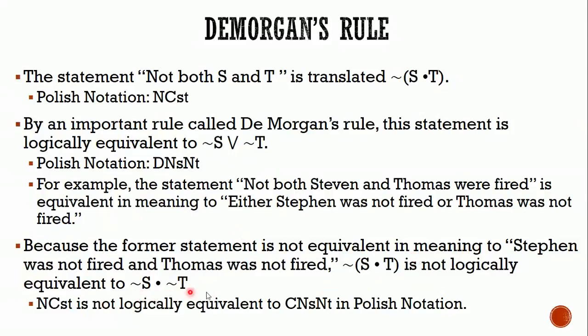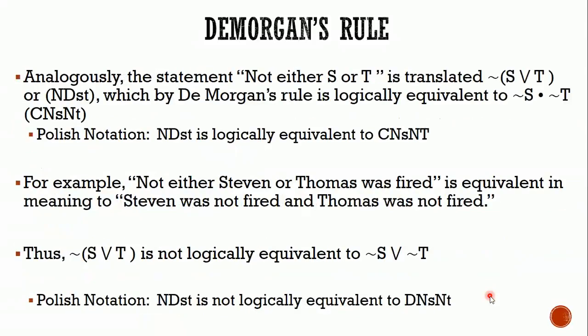Does that make sense? Not both. In Polish notation, you can read this down here. All right, I'm losing steam. Let's keep going. We've got a few more things here. De Morgan's rule: I think we get this in 7.2, maybe 7.3, I forget.